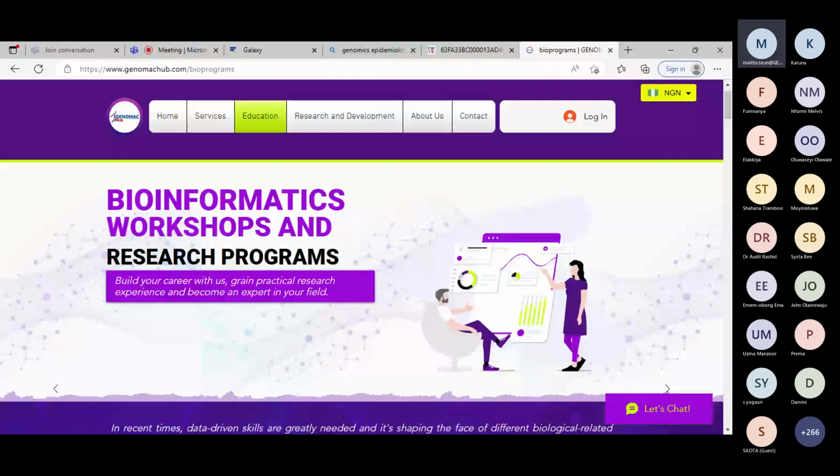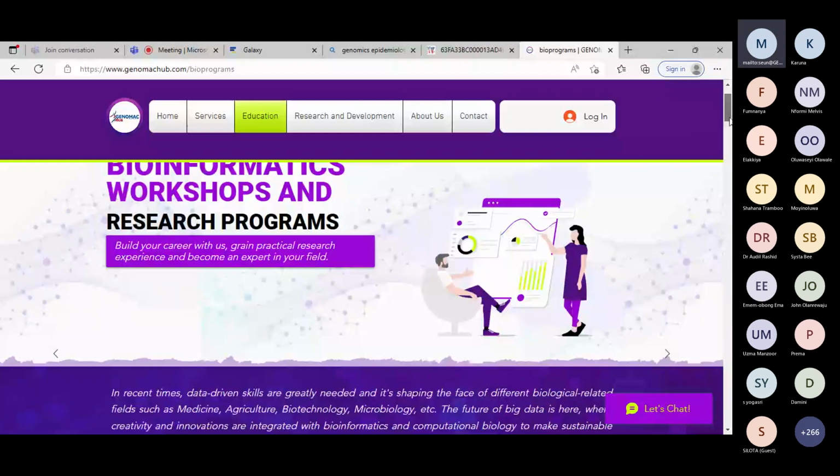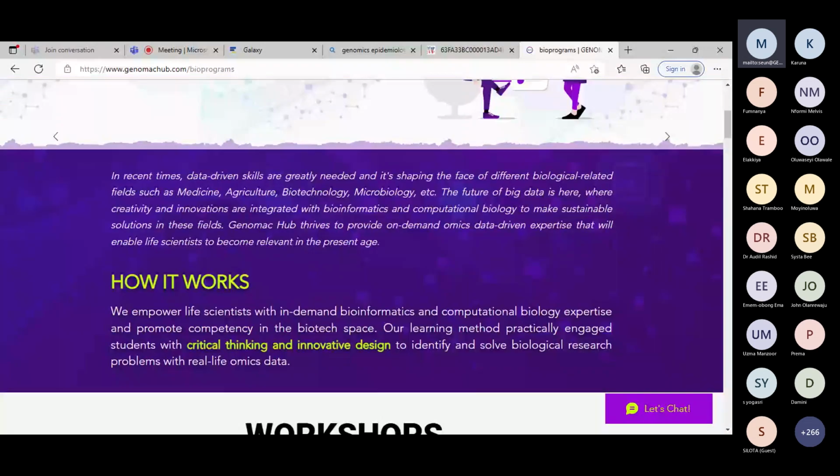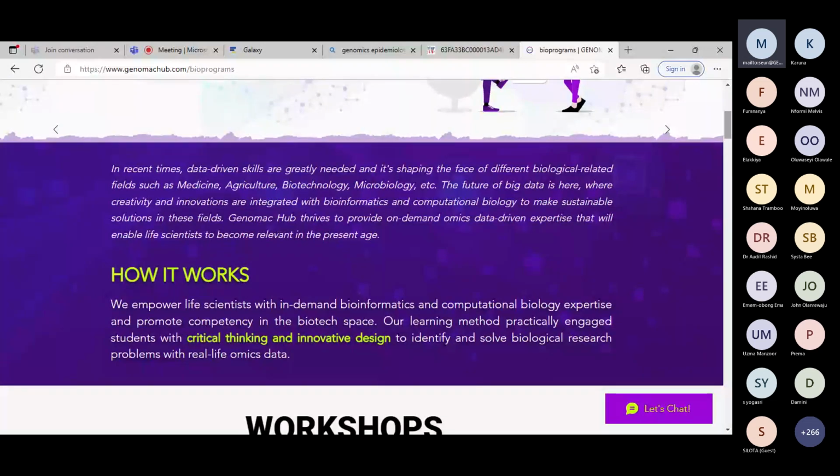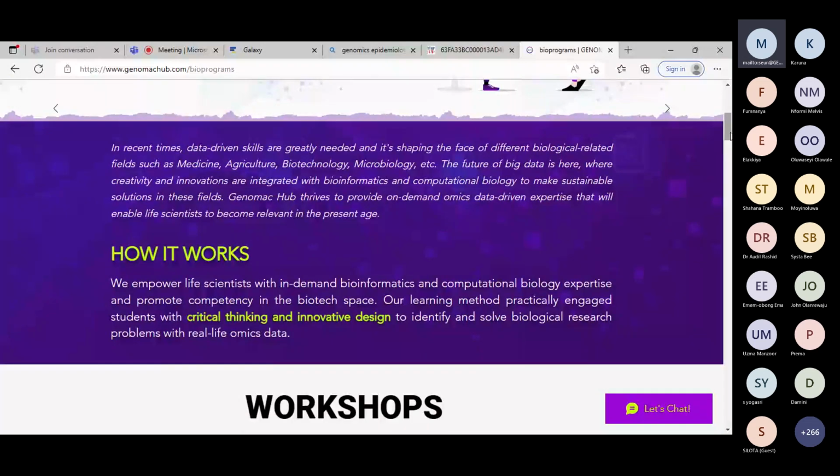Go to the bio program page on the website. In recent times, data-driven skills are greatly needed and are shaping different biology-related fields such as medicine, agriculture, biotechnology and microbiology. The future of big data is here, where creativity and innovation are integrated with bioinformatics and computational biology to make sustainable solutions in these fields.